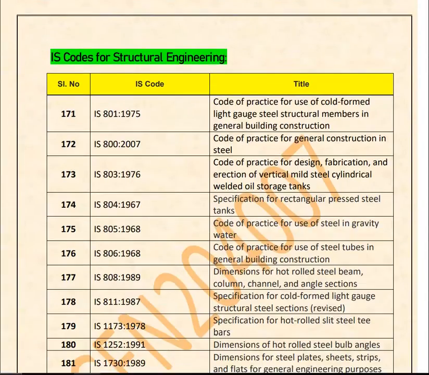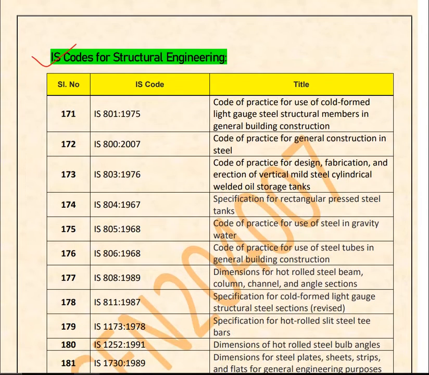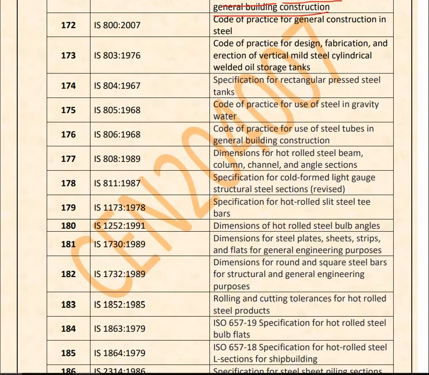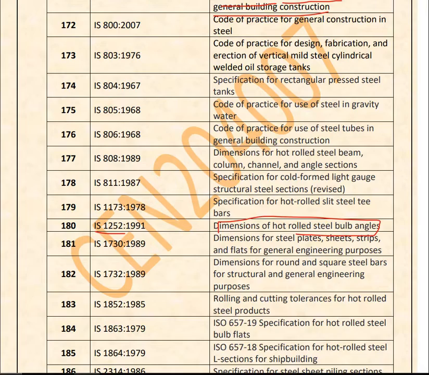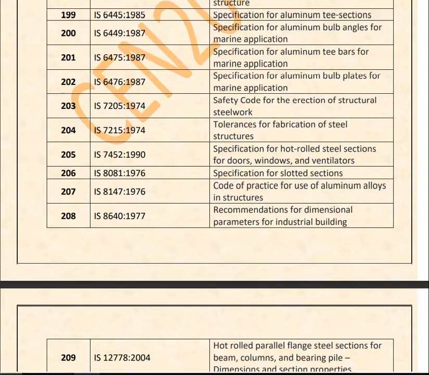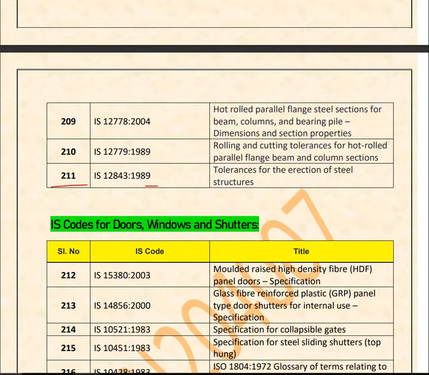Next we are moving to structural engineering, that is IS codes used in structural engineering. IS 801 1975 is the code of practice for use of cold formed light gauge steel structural members in general building construction. Next is the dimension of hot rolled steel bulb angle, IS 1250, 1991. There are also certain codes, and this goes up to 211.